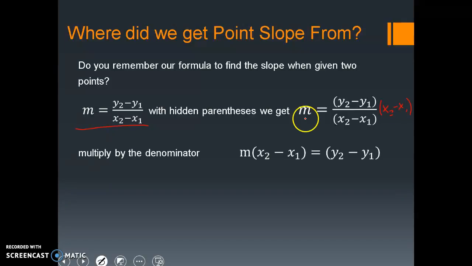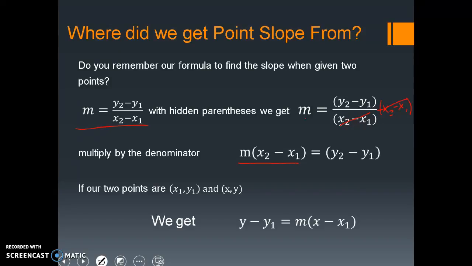Over here, I'll have m times x2 minus x sub 1. And over here, these will cancel each other out. So I'll get y2 minus y1. And then by rearranging that formula a little bit, if I put this over here on this side, this over here on this side, then I get this formula, which is the point-slope formula. y minus y1 equals m times x minus x1.